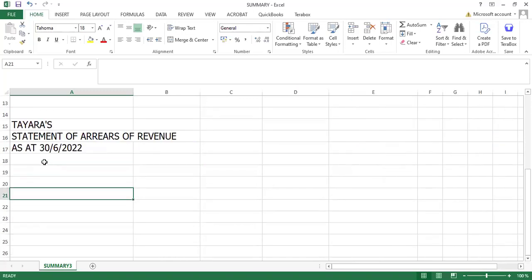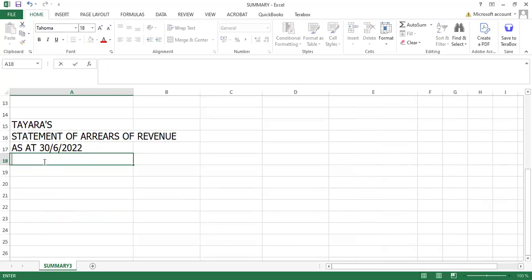Okay, so here I'm going to put my details, or sources of revenue, or you can start with the details. Then under details, you have your sources of revenue.